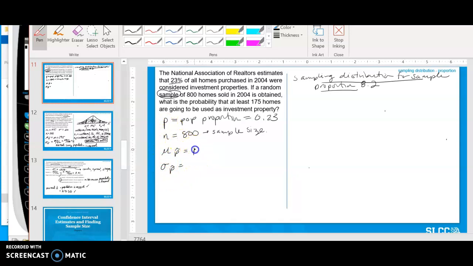So we have our formula that the mean of our sample proportions is just our population proportion, so it's going to be 0.23. Our standard deviation of our sample proportion is going to be the square root of p times 1 minus p over n. So it's the square root of 0.23 times 1 minus 0.23 all over 800.